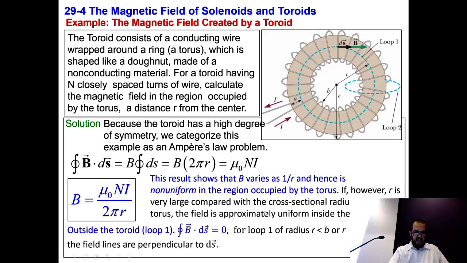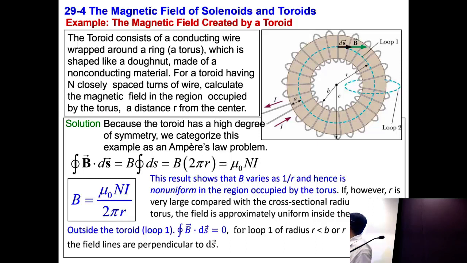Okay, outside the toroid, if you take this loop here, loop 1, you notice that in a certain part of the loop the current is moving out, and in the other part the current is moving in. They cancel each other. So I enclosed is 0 with this loop.